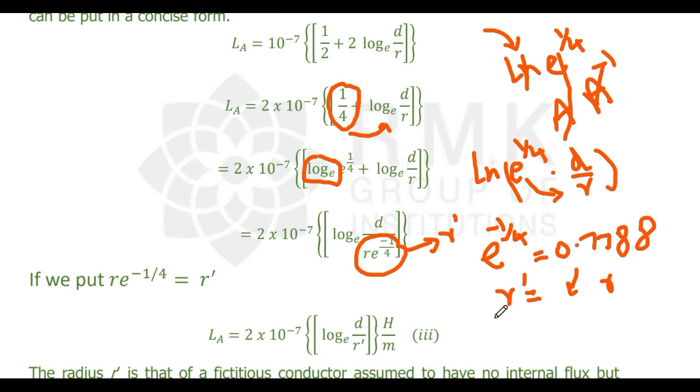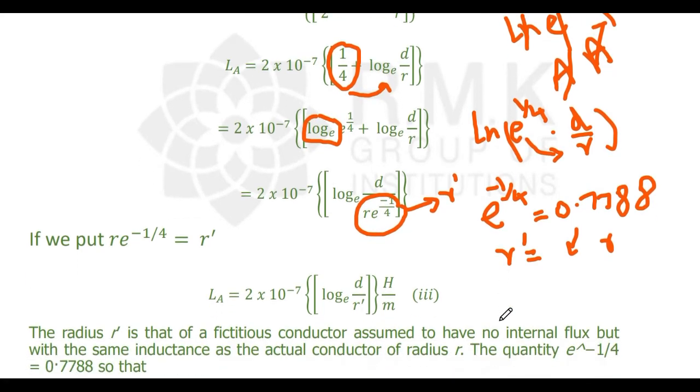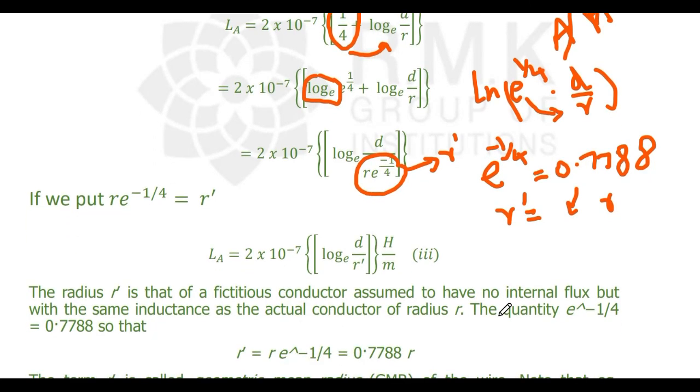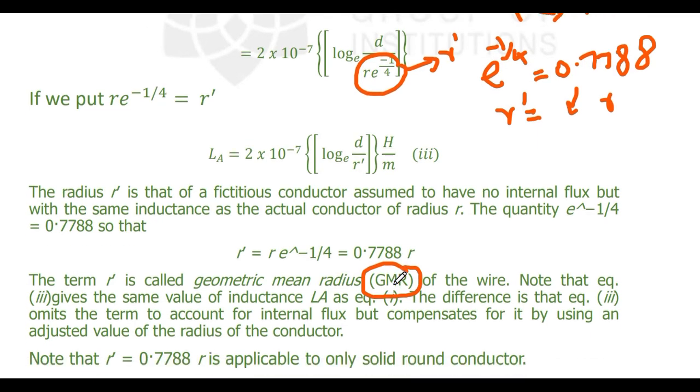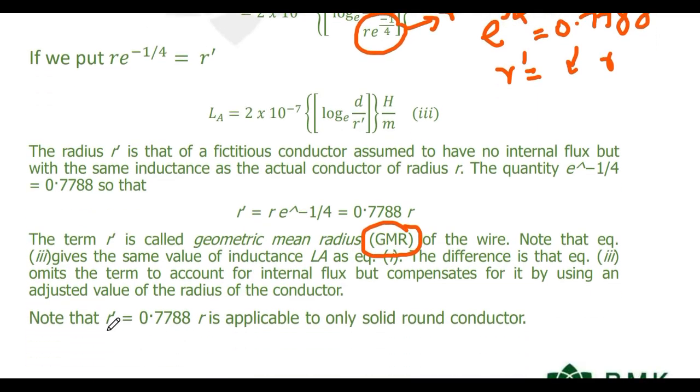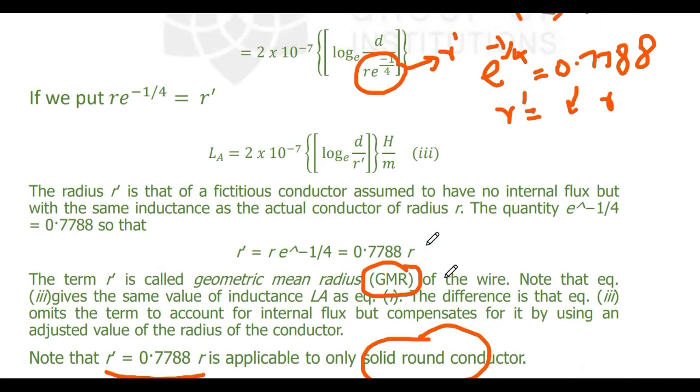This r dash we call the self GMR, geometric mean radius. This is a very important term in the case of the inductance effect in a conductor. This r dash equal to 0.7788 r is applicable only to the solid conductor. Please remember that one.